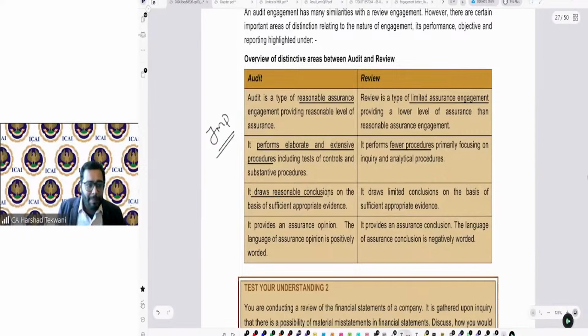We draw reasonable conclusions there; here it is a limited conclusion. The language is negatively worded here, and positively worded there. In an audit we give an opinion; here we give a conclusion, negatively worded versus positively worded. So whatever we have discussed till now, it's the same difference.